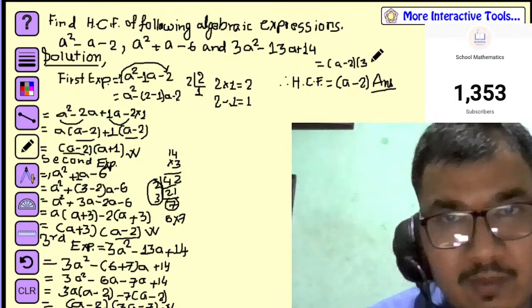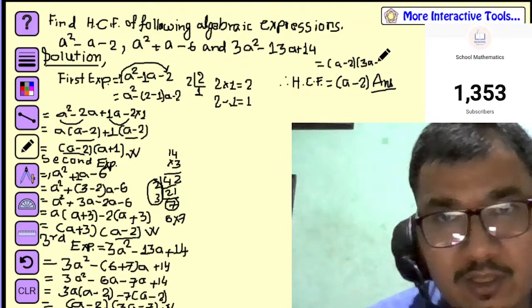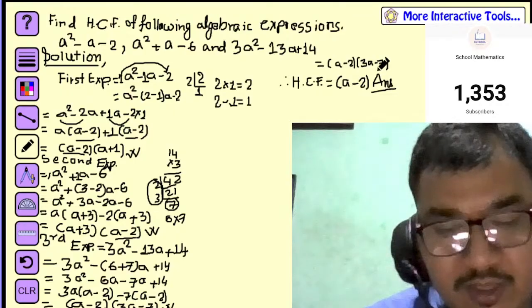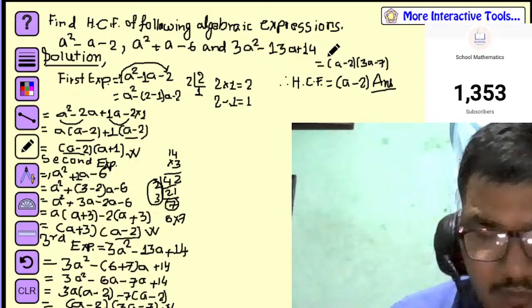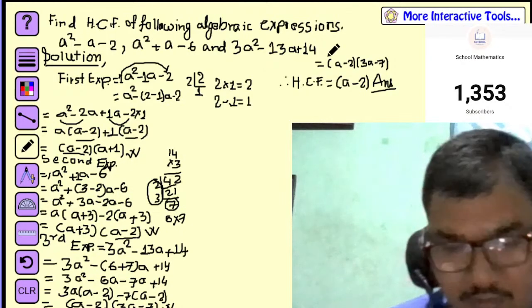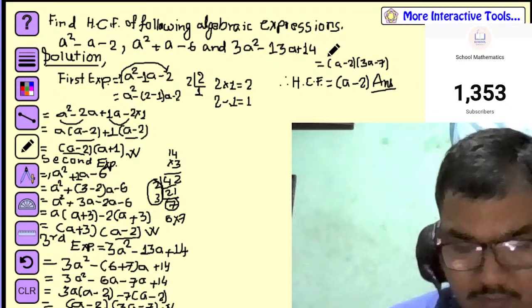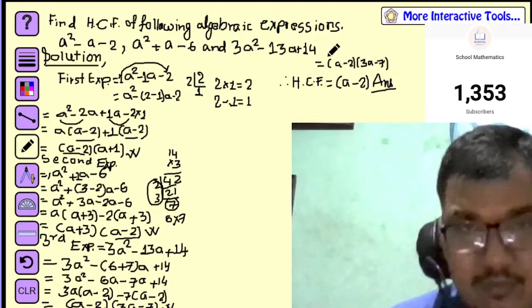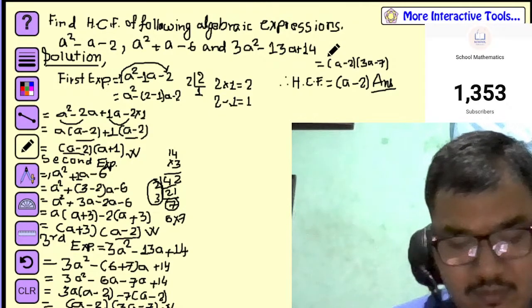It was left as 3a minus 7, because this last line is the coding, that's why I'm writing here again. What are the factors of the third expression?